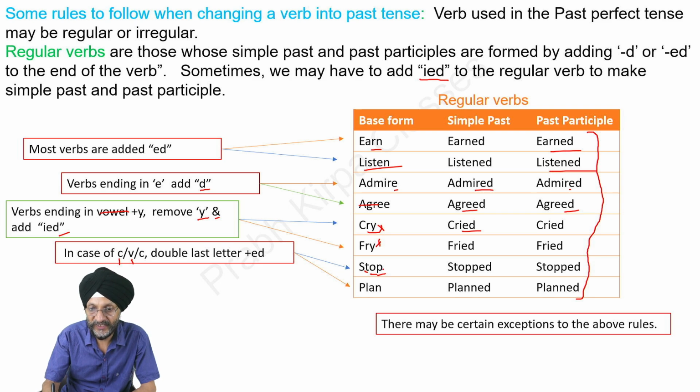You have to double the last letter and add ed. So stop becomes stopped. Here you will see P has been doubled and ed has been added. Plan becomes planned. Here you will also see N is a consonant, L is a consonant, A is a vowel, and N has been doubled and ed has been added. There may be certain exceptions to the above rules.